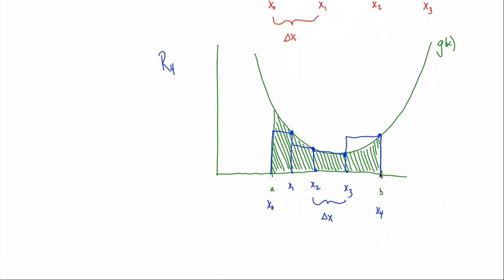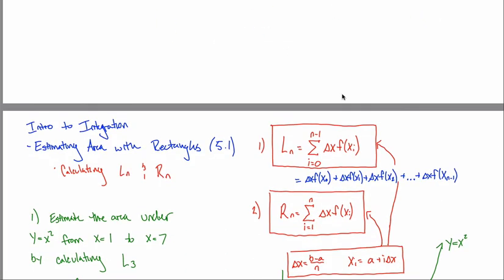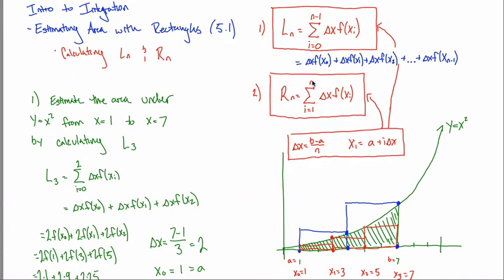But in my last rectangle with right endpoints, I want to base the height upon x with the last subscript. So that's why this goes from 1 to n. It'd be nice if you could look at this sigma notation and you understood that this was just saying delta x times f of x1 plus delta x times f of x2 plus delta x times f of x3.